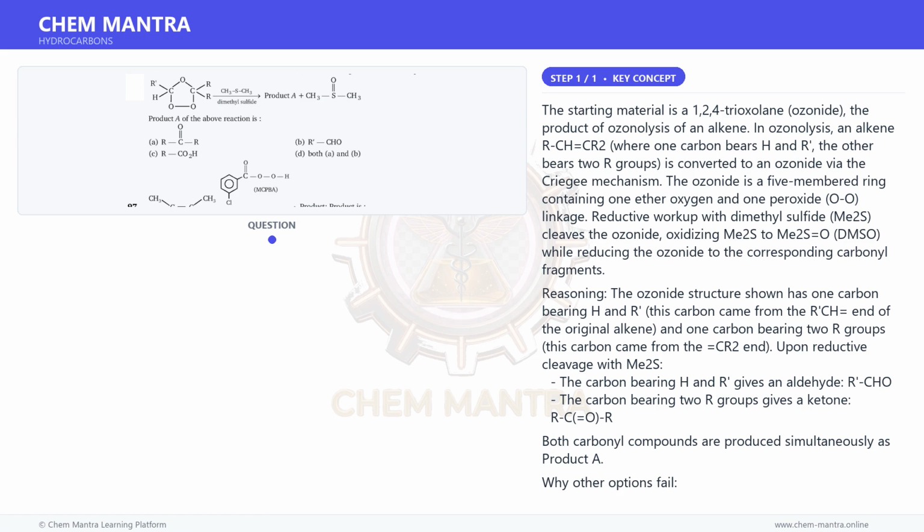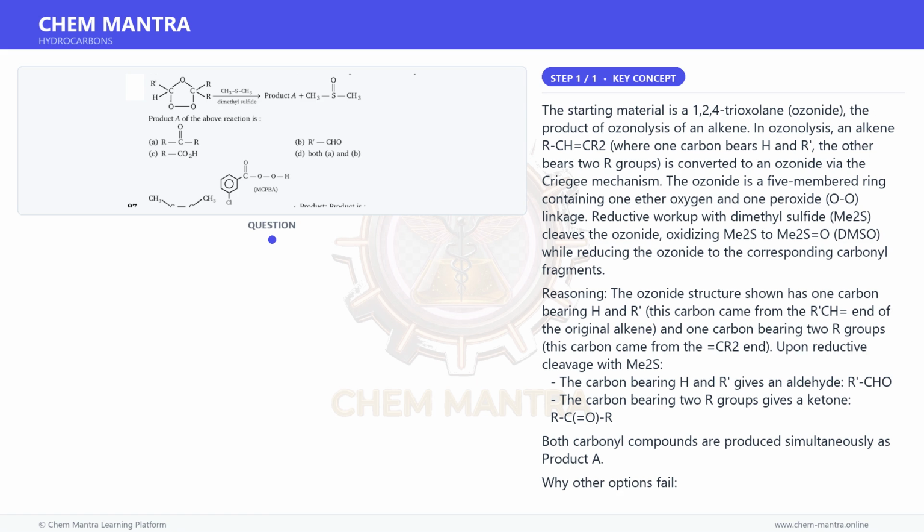Why other options fail? Option A, alone, RC(=O)R, ketone, is incomplete because the aldehyde fragment is also formed. Option B, alone, RCHO, aldehyde, is incomplete because the ketone fragment is also formed.